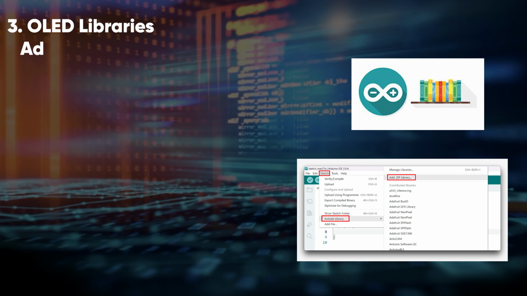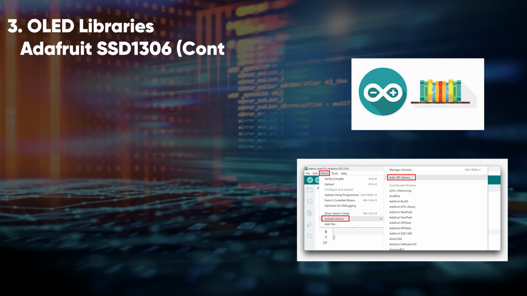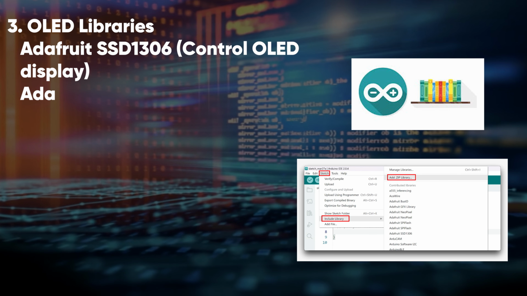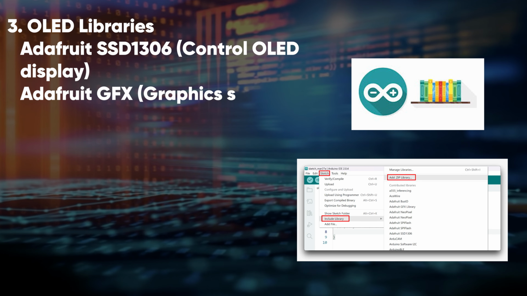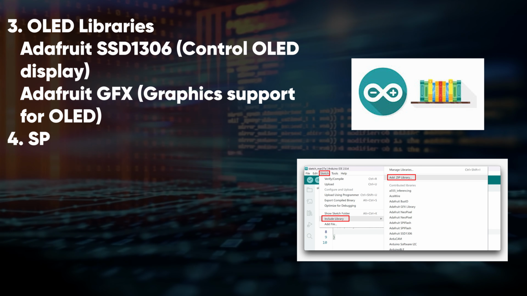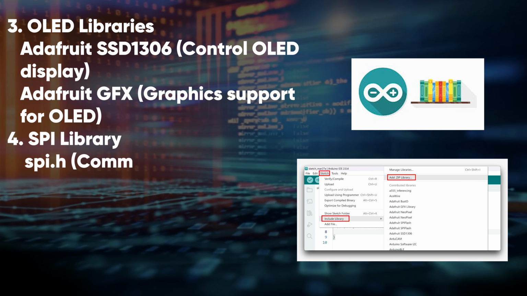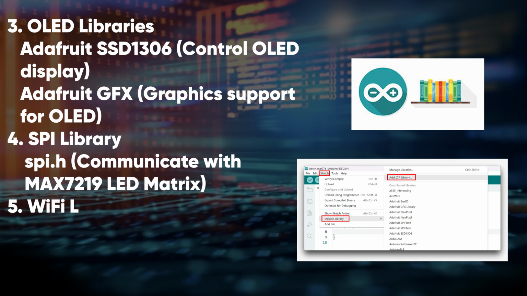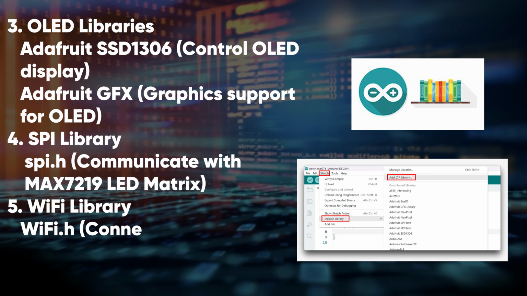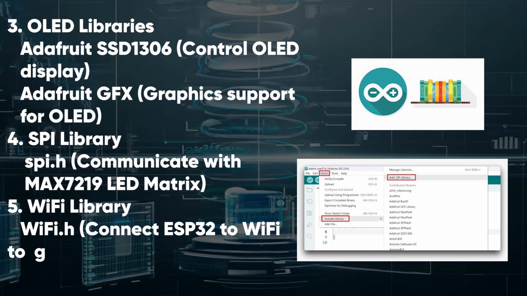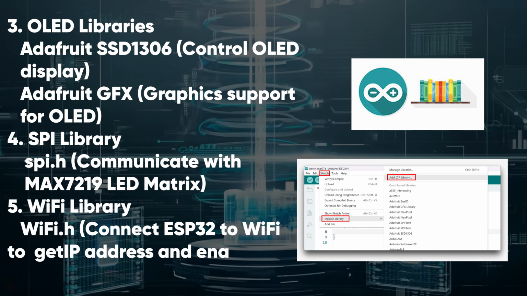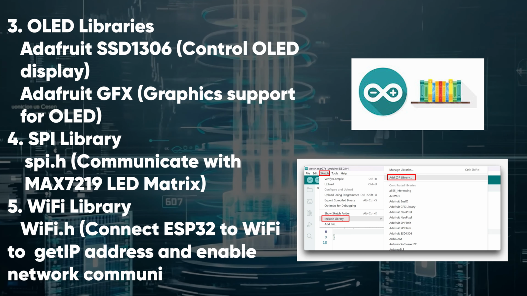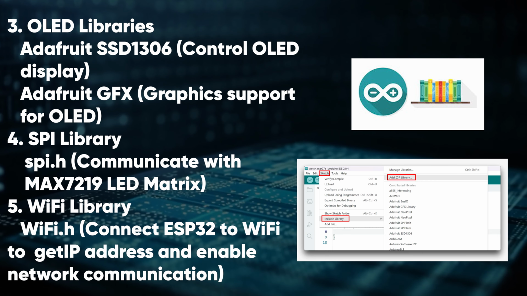OLED libraries: Adafruit SSD1306 controls the OLED display, and Adafruit GFX provides graphics support for the OLED. 4. SPI library, SPI.h, communicates with the MAX7219 LED matrix. 5. Wi-Fi library, WiFi.h, connects the ESP32 to Wi-Fi to get an IP address and enable network communication.